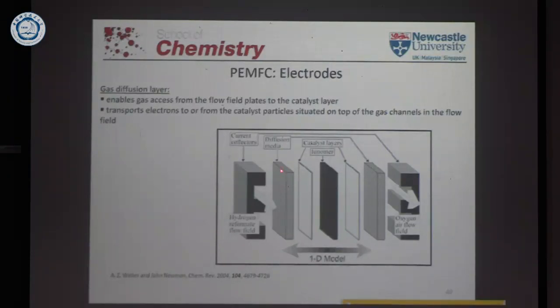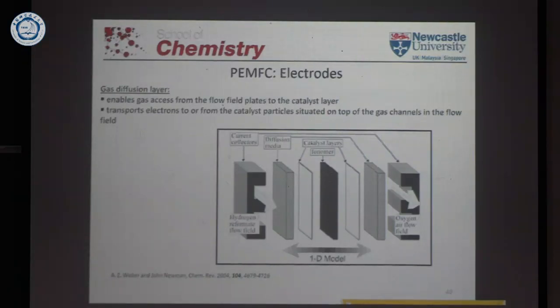And the electrode typically is some material that allows the cross diffusion of the reacting gases. So on this side where we have the hydrogen flows, you see the arrow here, in the flow channel, and it is able to penetrate that diffusion media and comes to the catalyst layer where the electrochemical reaction takes place.